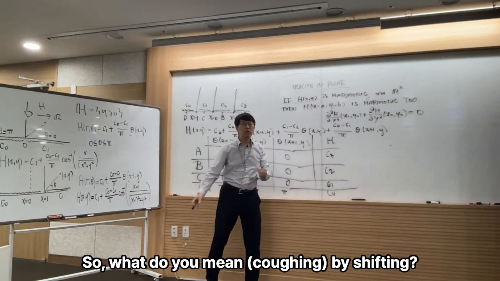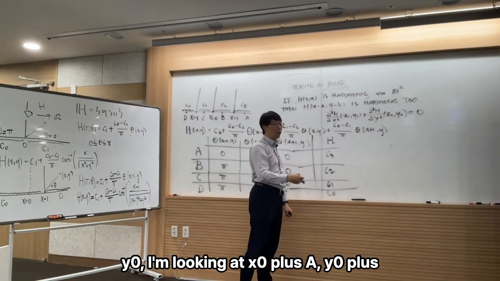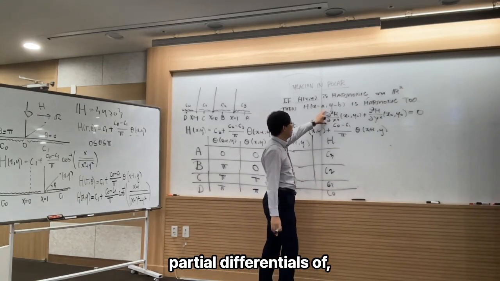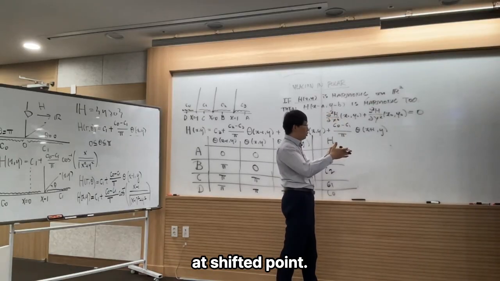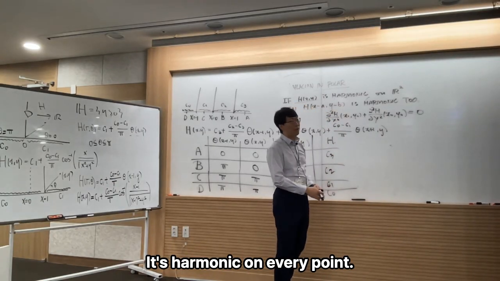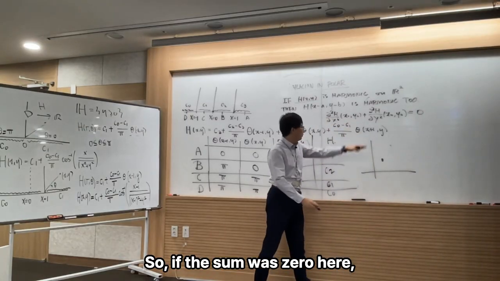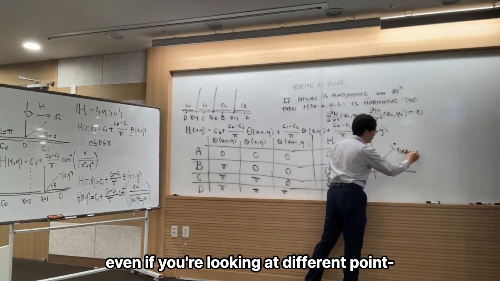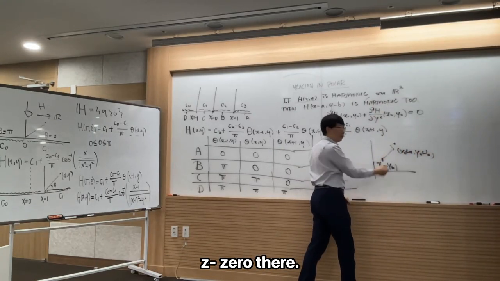So what do you mean by shifting? Instead of looking at x0, y0, I'm looking at x0 plus a, y0 plus b. I'm looking at the second order partial derivatives of the function at the shifted point. But what does the condition say? It's harmonic on every point. So if the sum was 0 here, it has to be 0 even if you're looking at a different point, because the condition says it's 0 here, 0 there.